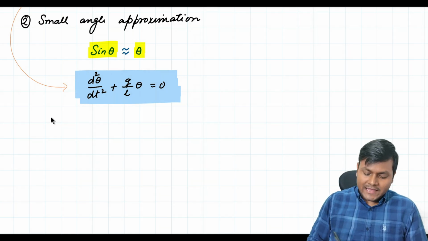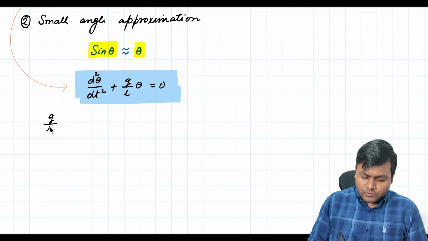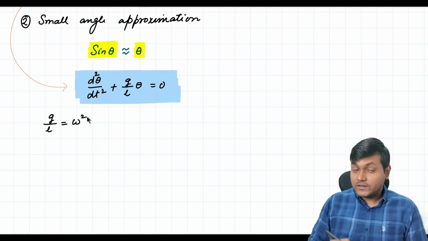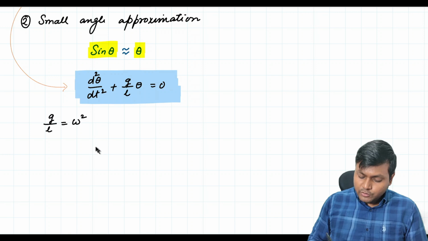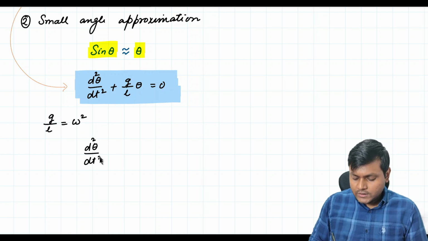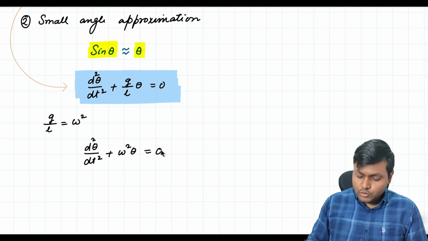Here g and L are constants, and we're going to assume that g upon L is something called omega square. Now what omega is, I'm going to come to that in a moment. But the moment I do this substitution, the equation becomes d2 theta upon dt2 plus omega square theta is equal to 0.